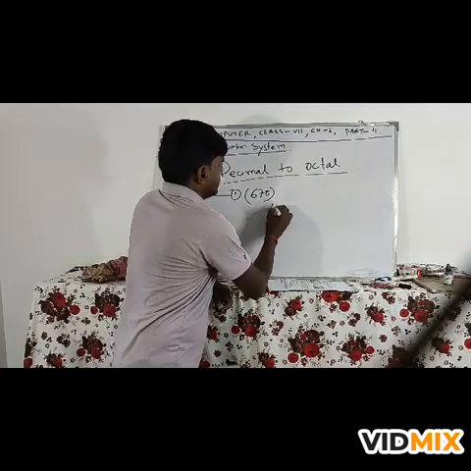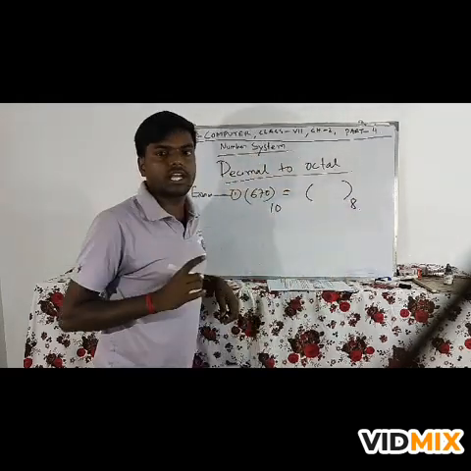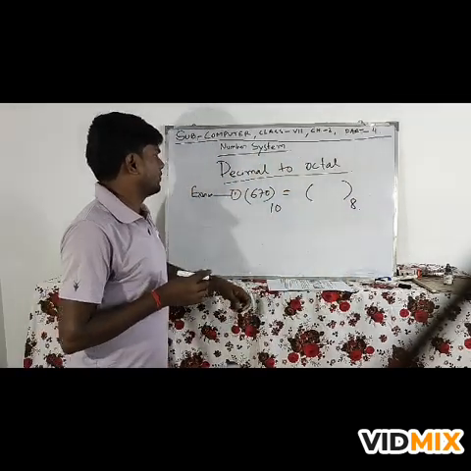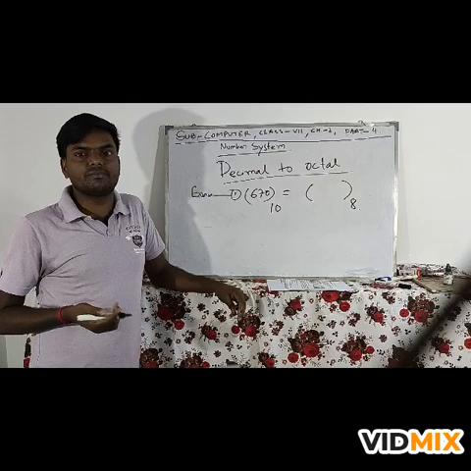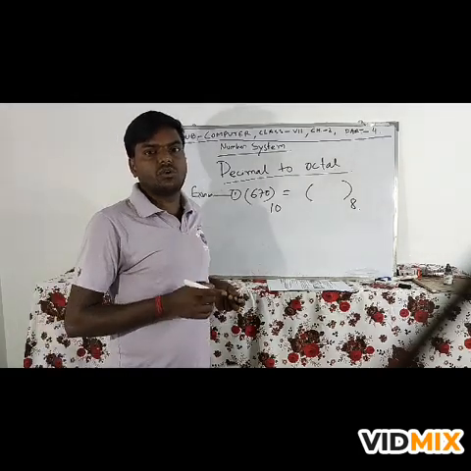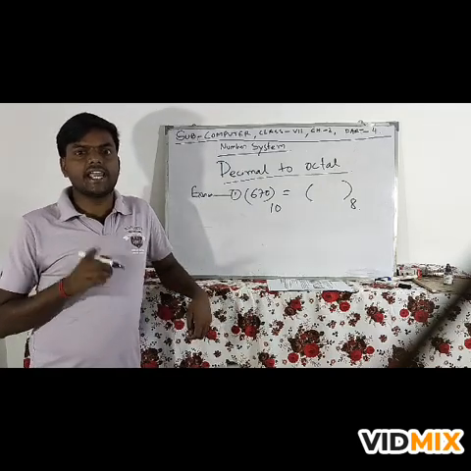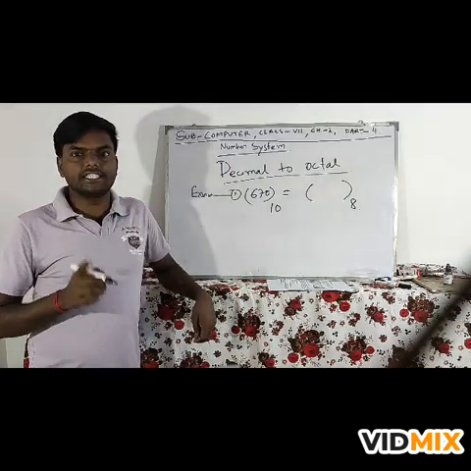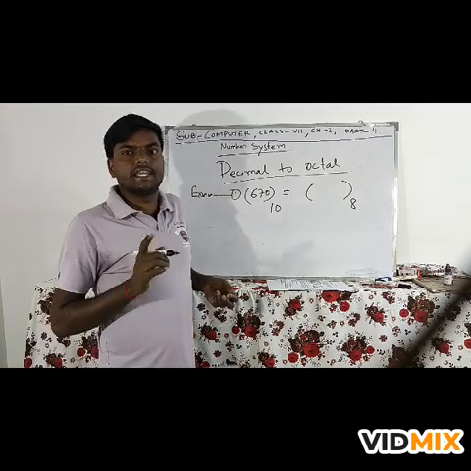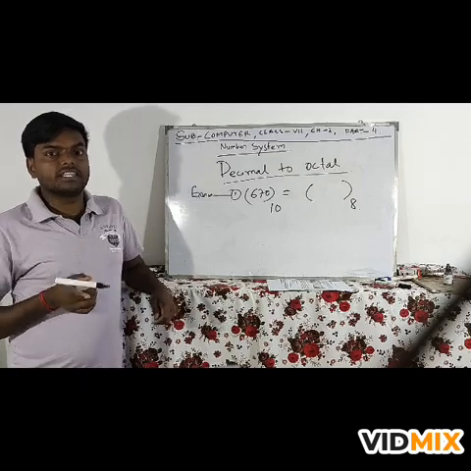We'll convert decimal to octal. Decimal base is 10, and octal base is 8. First, see the method. In this method the number is repeatedly divided by 8, and each time its remainder is taken out and placed on the right side.